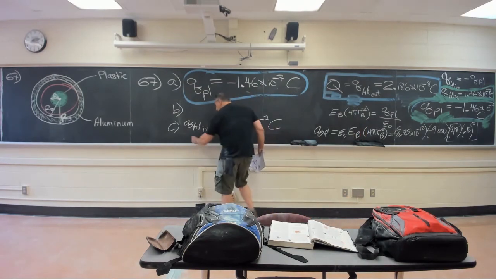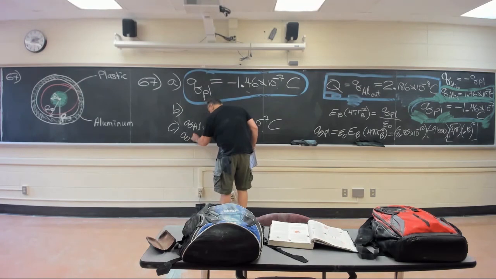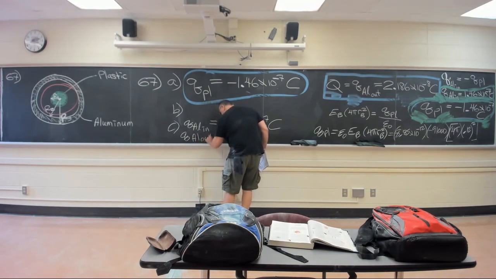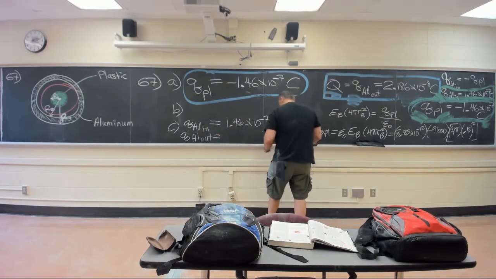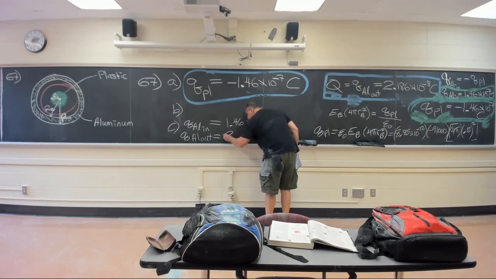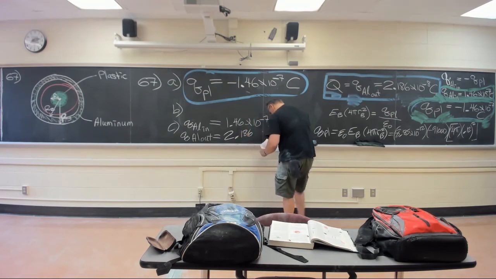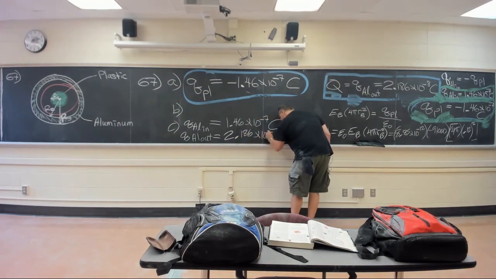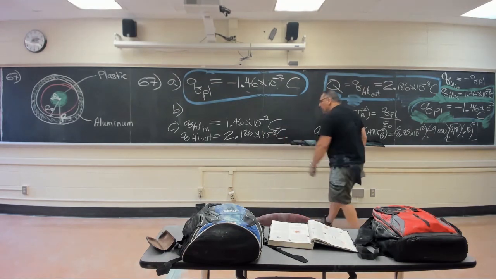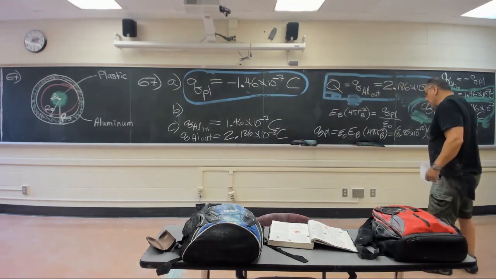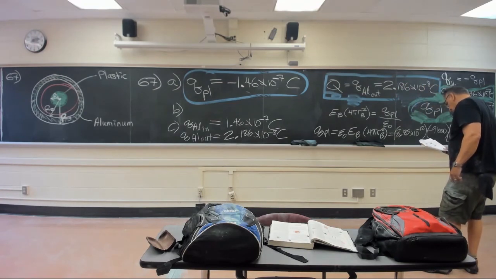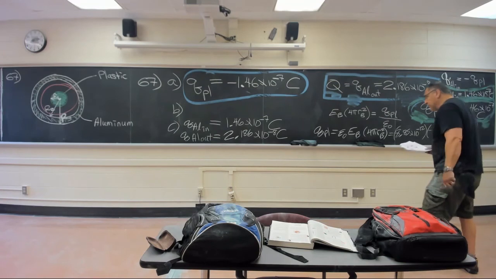On the outer is 2.186 times 10 to the negative 8 coulombs on the outside.